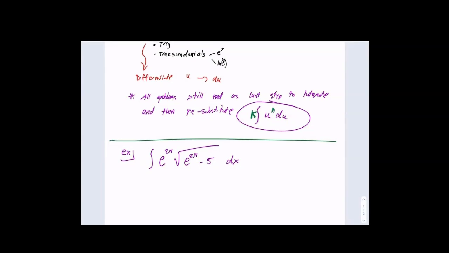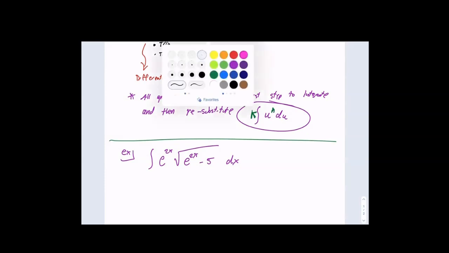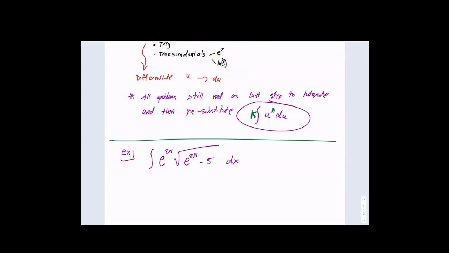I see two functions of x, and when I see two functions of x multiplied or divided, especially when they're not polynomial, it tells me that I need to use U-substitution. So let's just go through the process.